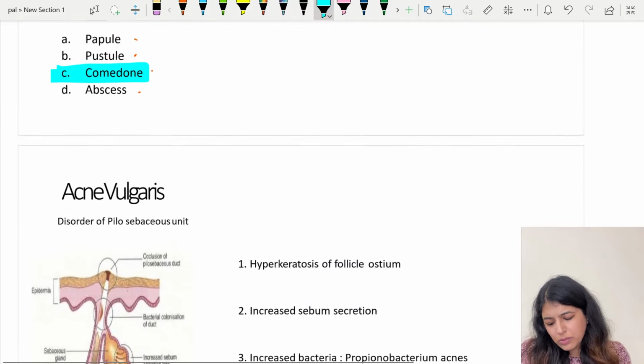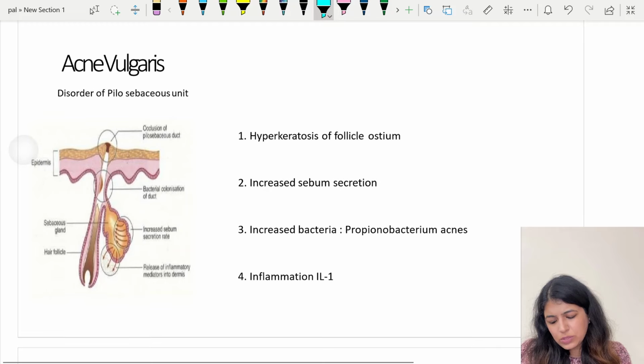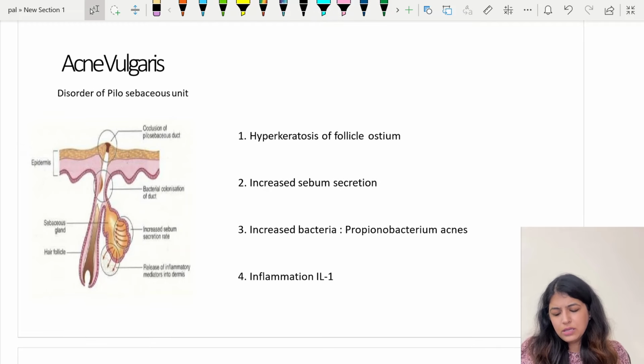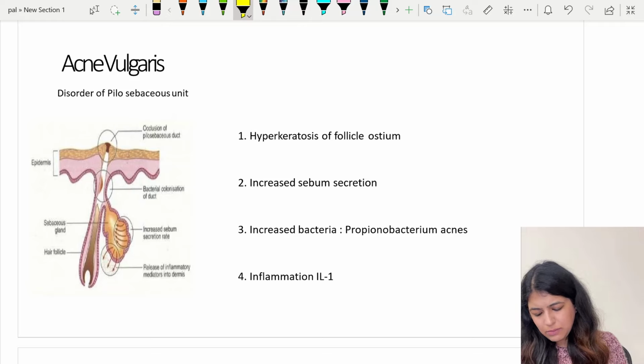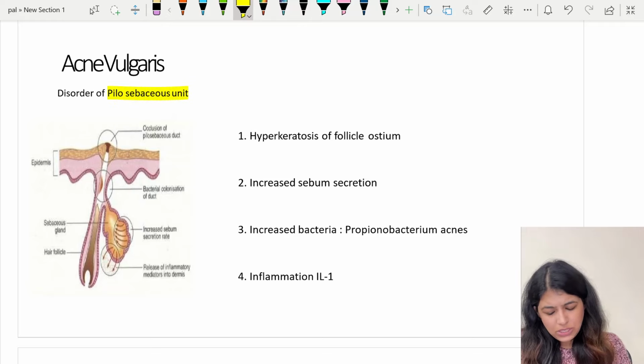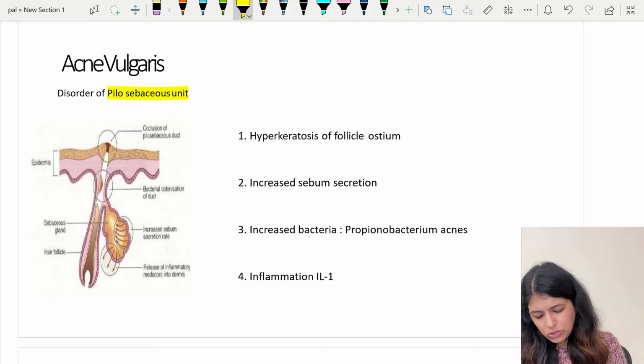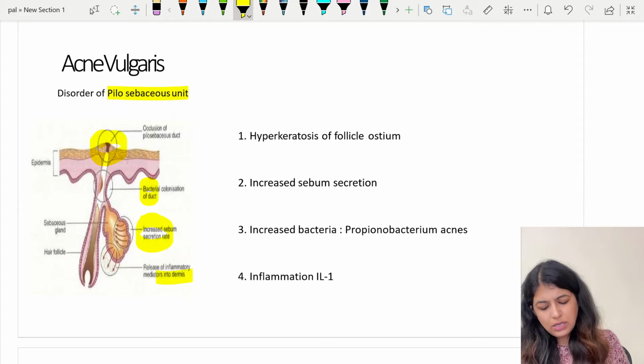Acne again is an important topic. In the previous exam, they asked you the bacteria that is involved in the pathogenesis of acne. So let us discuss acne in brief. This is a disorder of the pilosebaceous unit. There are 4 components to the pathogenesis: occlusion of the hair follicle, then increased sebum, increased bacteria, and inflammation.